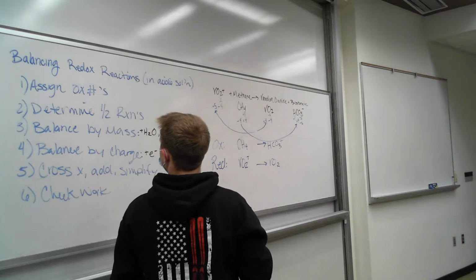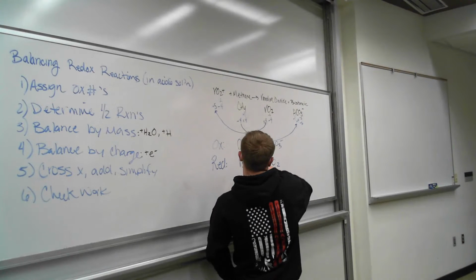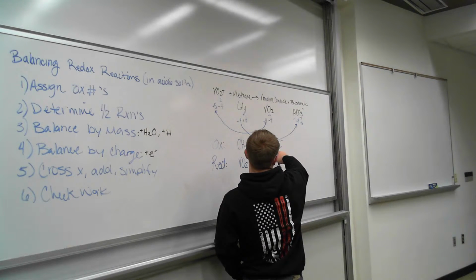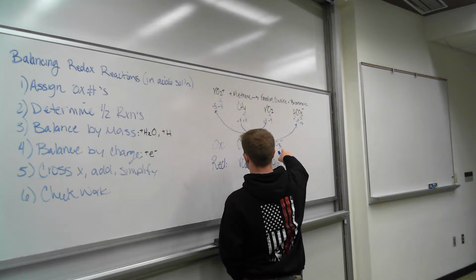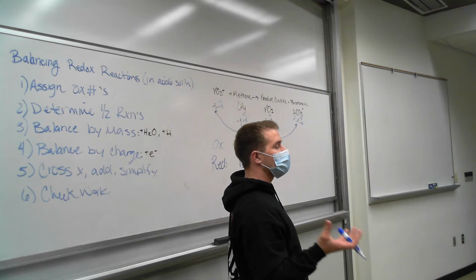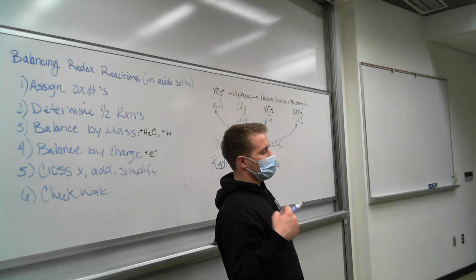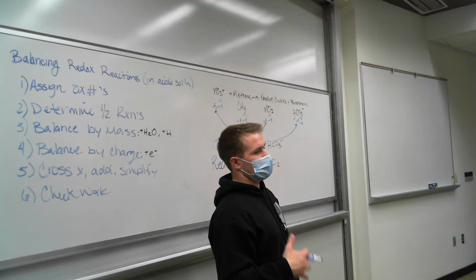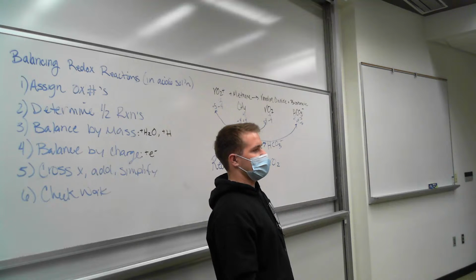Next, we balance by mass. So here we've got 1 carbon and 1 carbon, so that's good. 4 hydrogen and 3 oxygen. So similar to how we balanced with our combustion reactions, the thing that we're going to add last, we want it to be the thing that's by itself. So in this case, that's hydrogen, right?